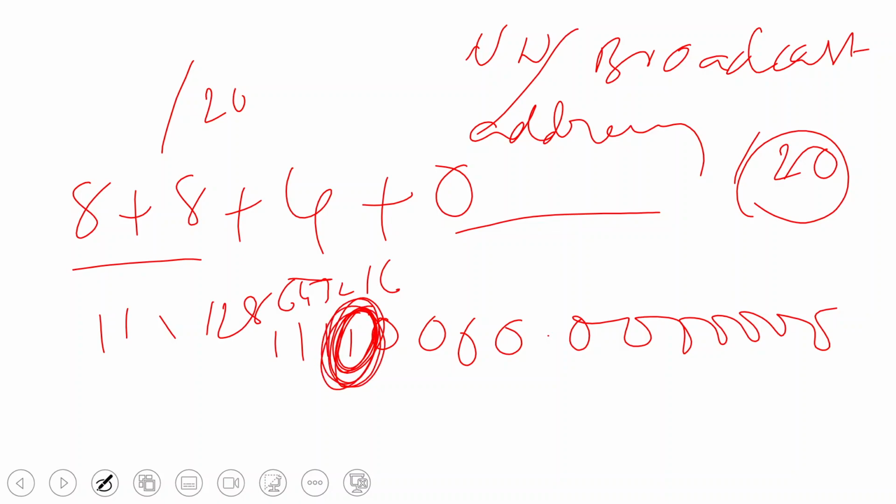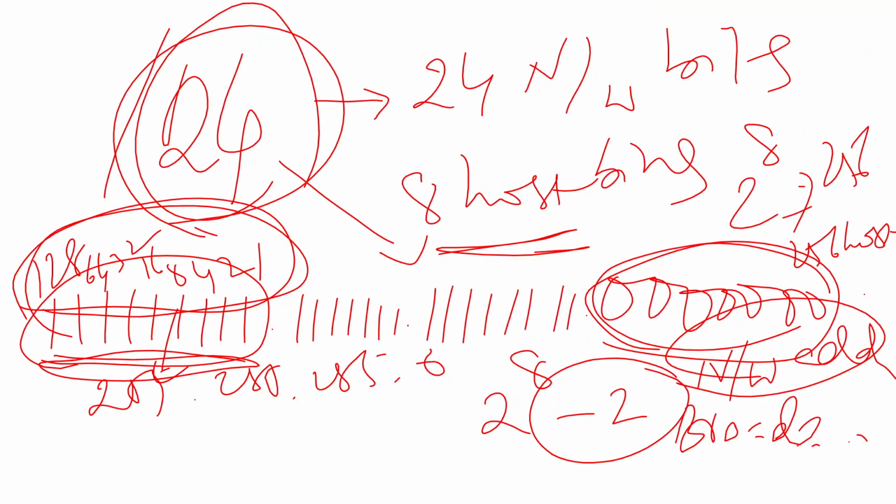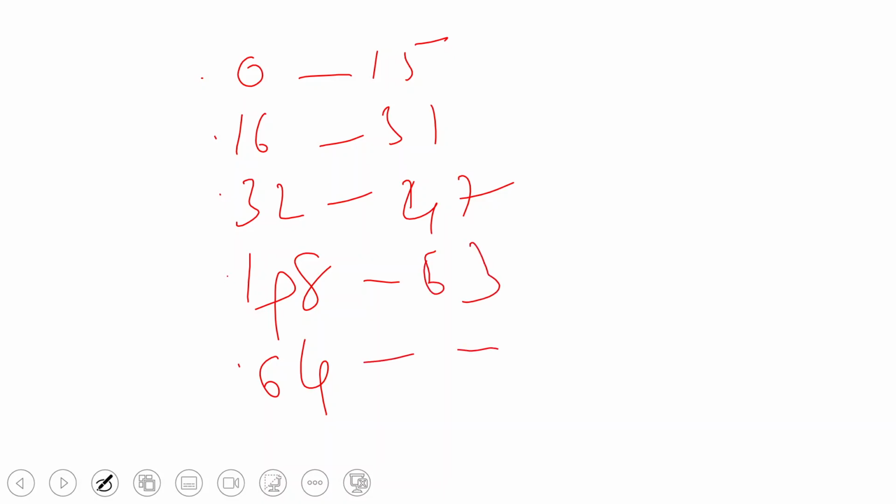So you have to divide the IP address range into blocks of 16, like this: dot 0, dot 16, dot 32, dot 48, dot 64, with ranges 15, 31, 47, 63 and so on.